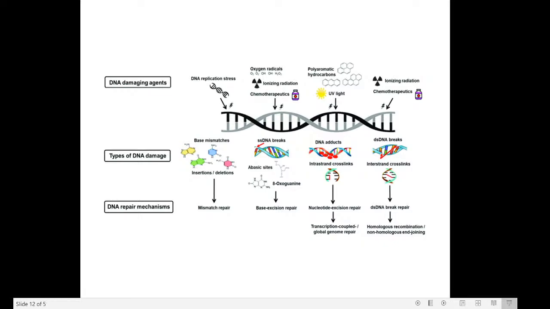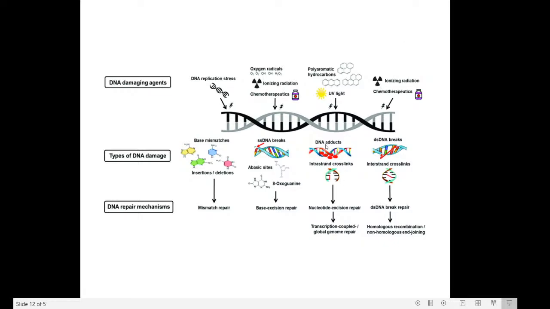So external causes make damage between A and T and G and C, and the bond is broken down. That is repaired by the base excision repair system. So there is an addition of enzymes, and both nucleotide sequences are added.